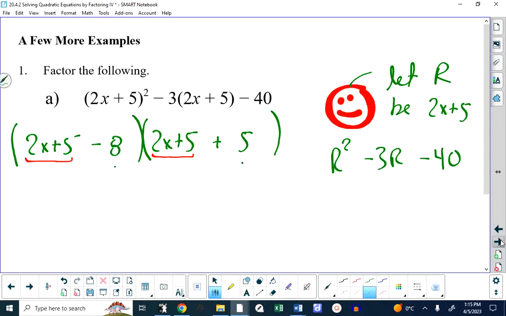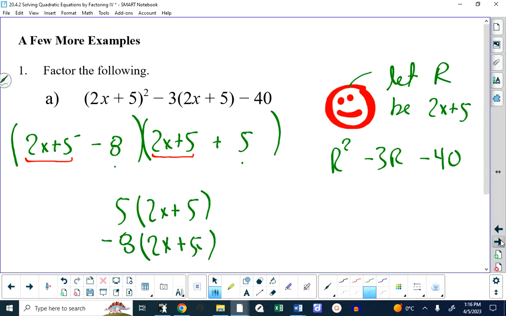Yes. Will my outer and inner combine to get negative 3 2x plus 5s? Yes, because my outer will be 5 of those 2x plus 5s. My inner will be negative 8 of those 2x plus 5s. And that gives me negative 3 of those 2x plus 5s.